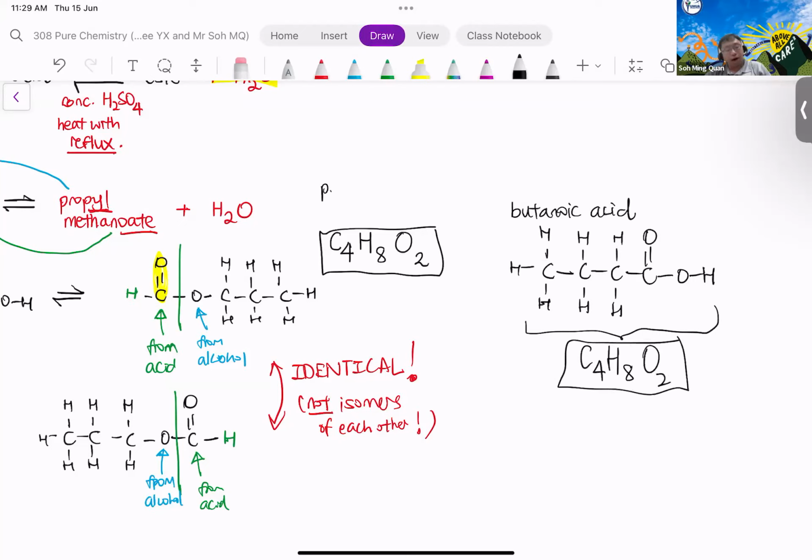So this is propyl methanoate that we drew, the ester. Butanoic acid is also C4H8O2, meaning they have the same molecular formula. Their molecular formulas are the same, but they have different structural formulas.